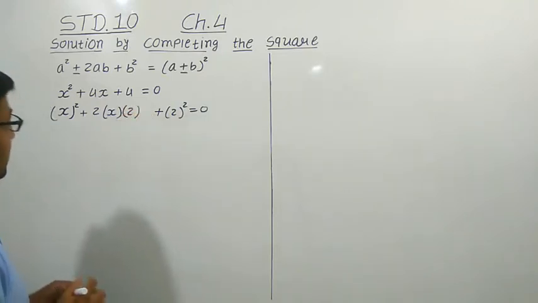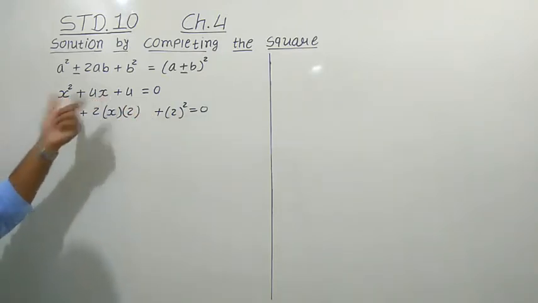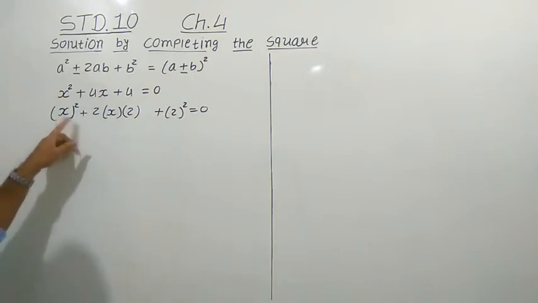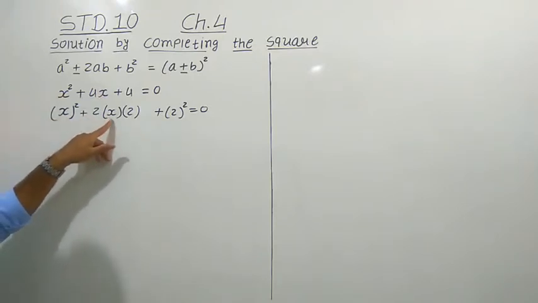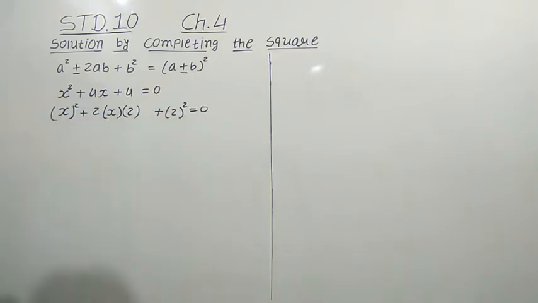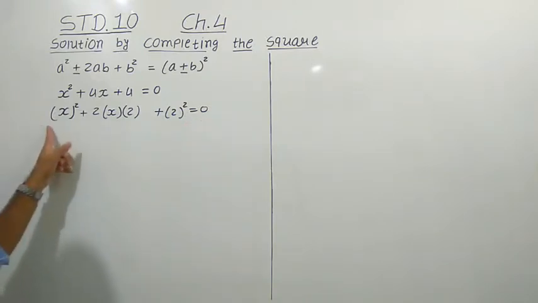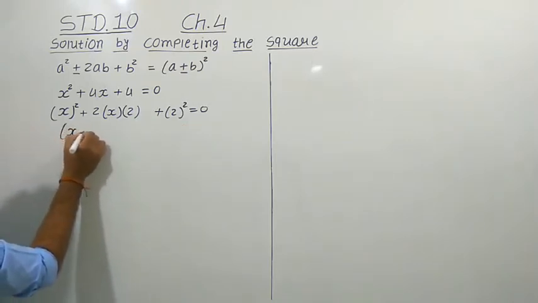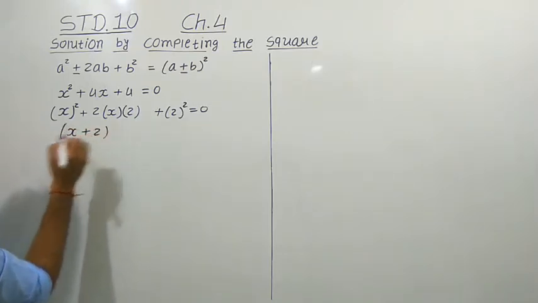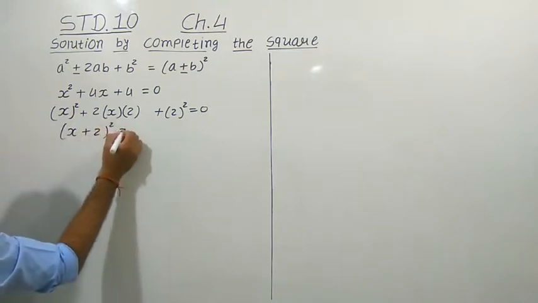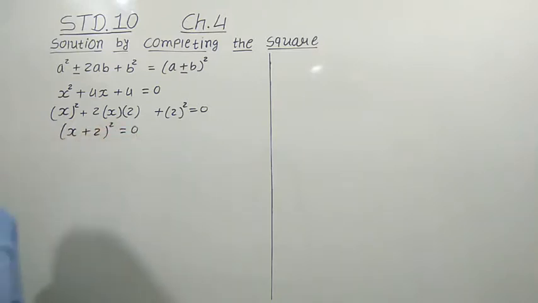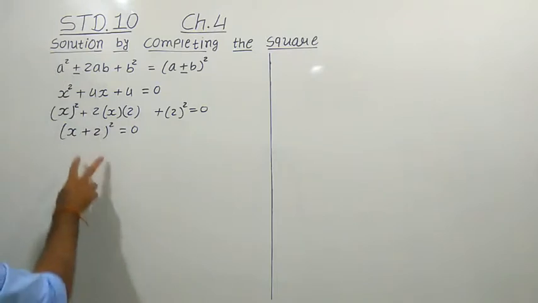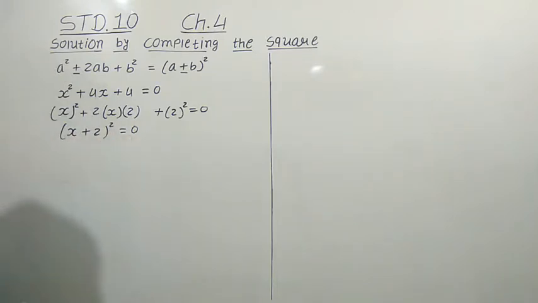So here we can see that we arrange this quadratic equation in this form: x square plus 2 into first term into second term plus square of the second term, right? And that is equal to 0. Now we can write this form as an identity, (x plus 2) whole square is equal to 0.